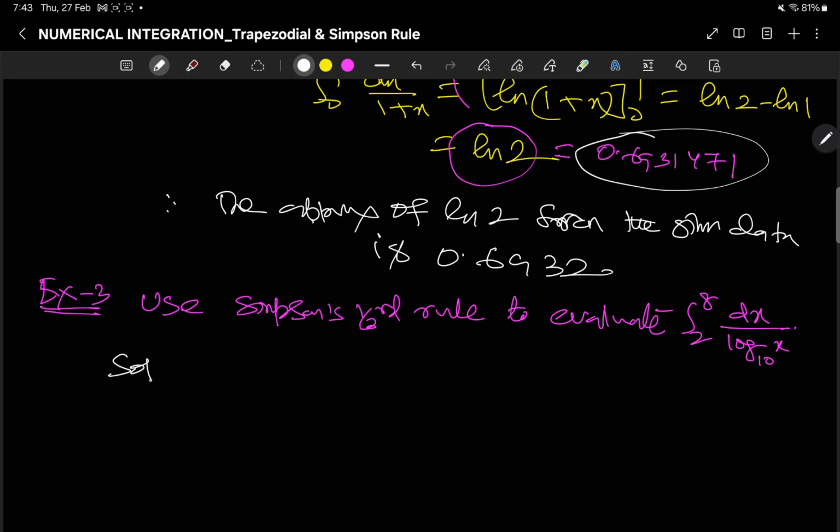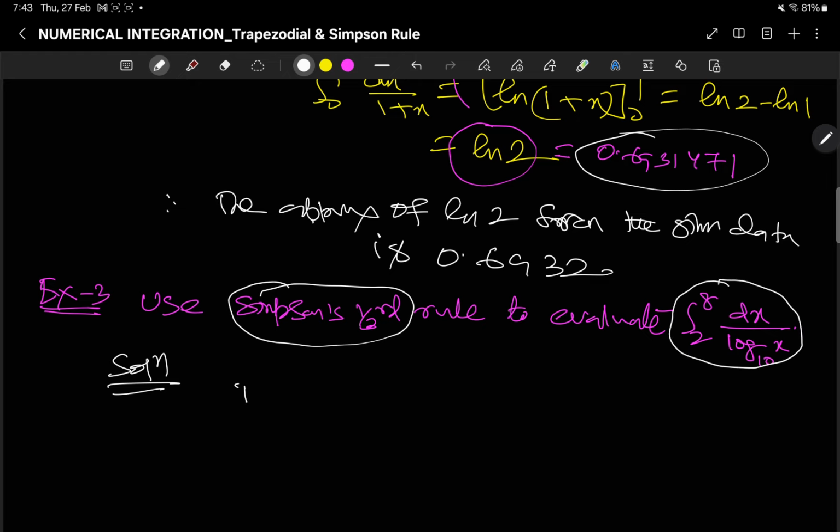So now coming to the solution of example 3, you are asked to use Simpson's 1/3 rule to evaluate this. So here I is equal to the integral from 2 to 8 of dx by log x to base 10. You see, it is not integrable in the usual sense.